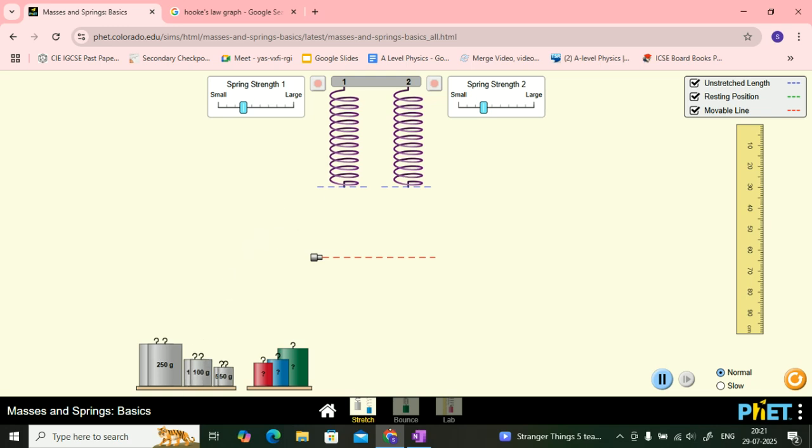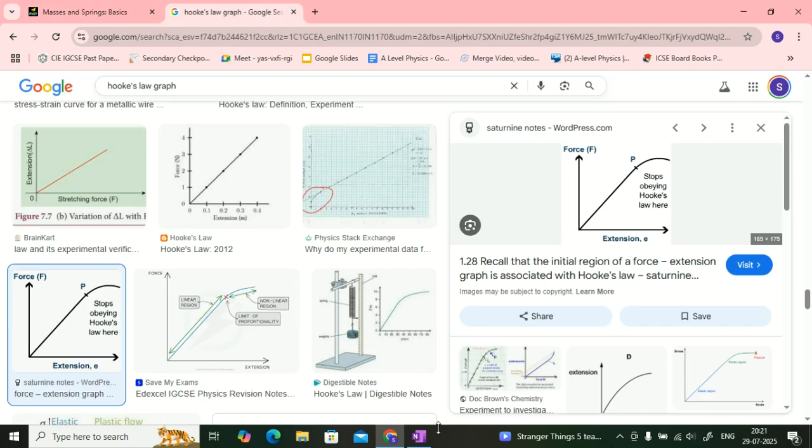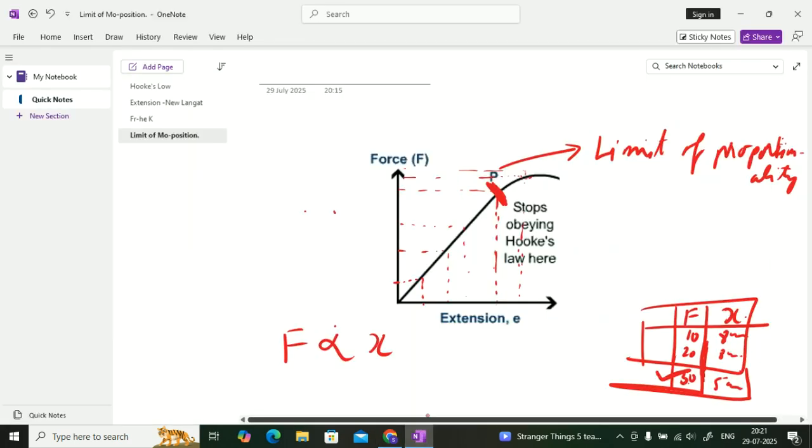I'm going to get the original shape of the spring again if I have not crossed the limit of proportionality. That means the spring is elastically deformed. If we keep on attaching weight beyond this limit, there will be one point where it is going to be permanently deformed.